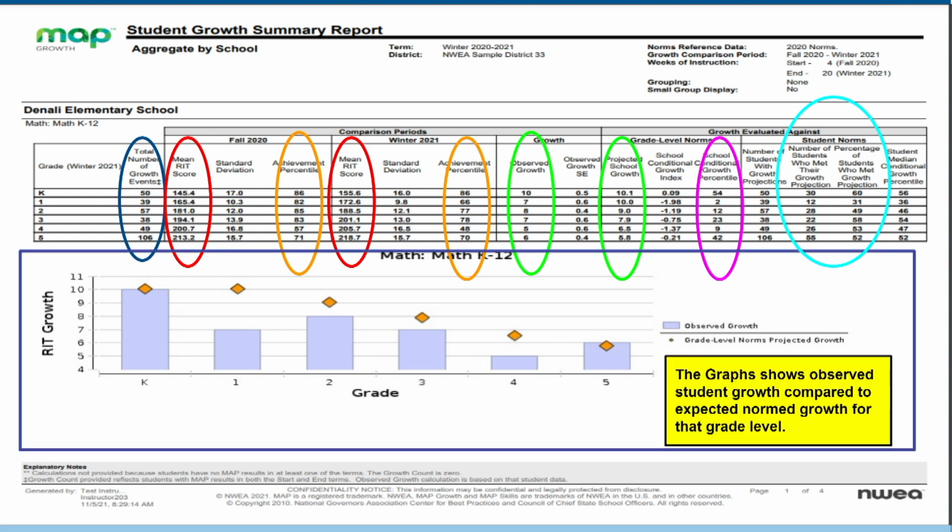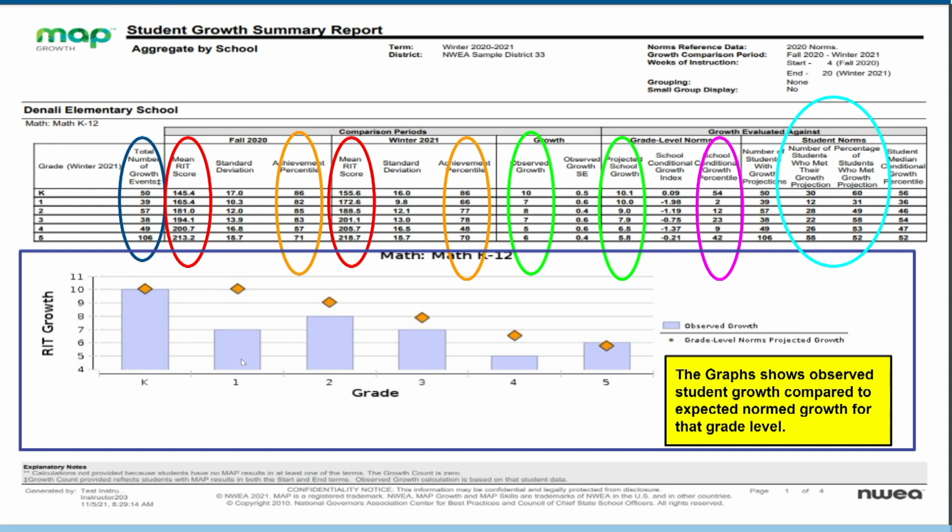We can see on the bar graph portion the number of Writ units that the students grew compared to, in the orange dot, the projected growth that we expected to see at that grade level. So if the bar meets that orange dot, that means those students achieved the level of growth that was expected.